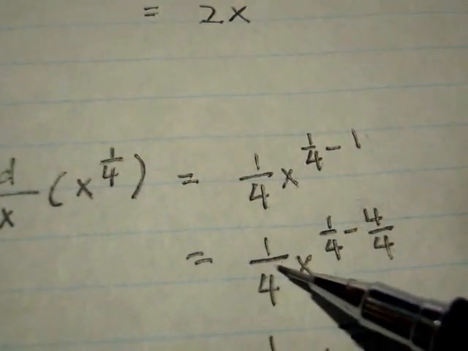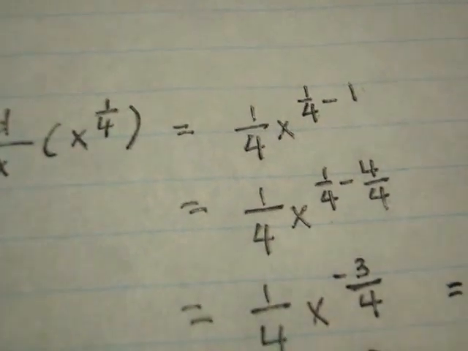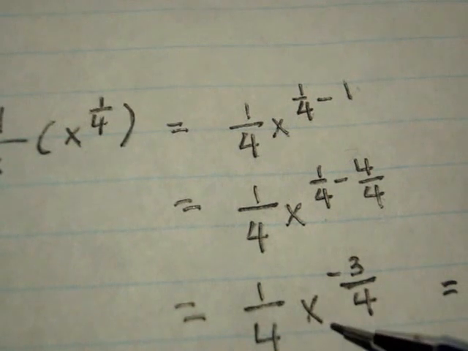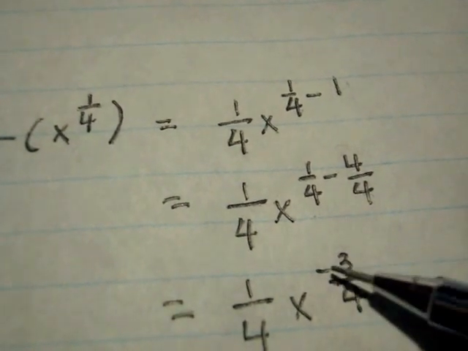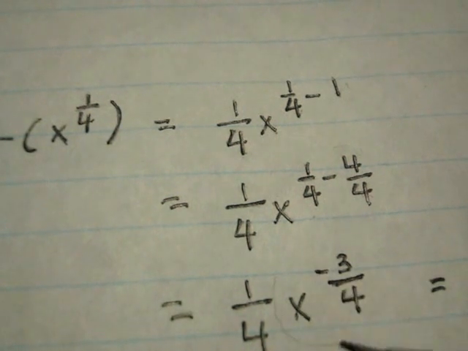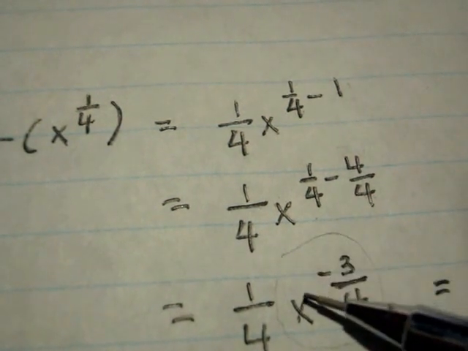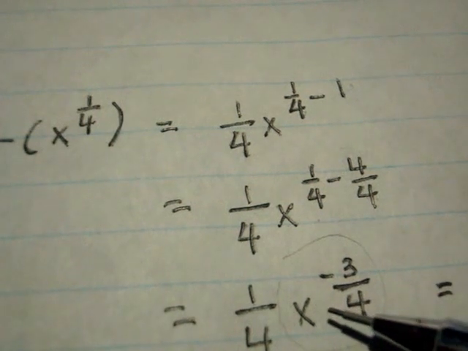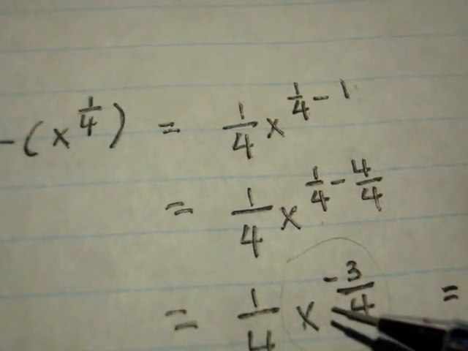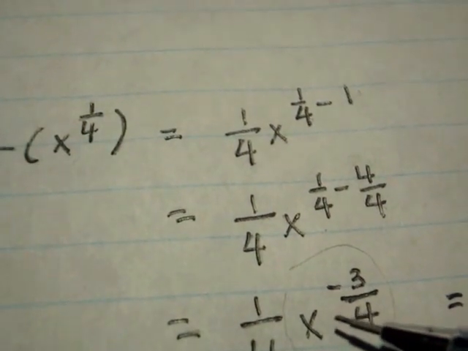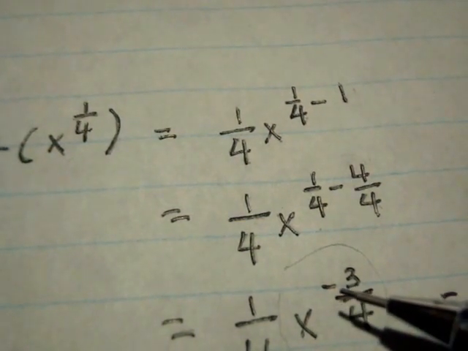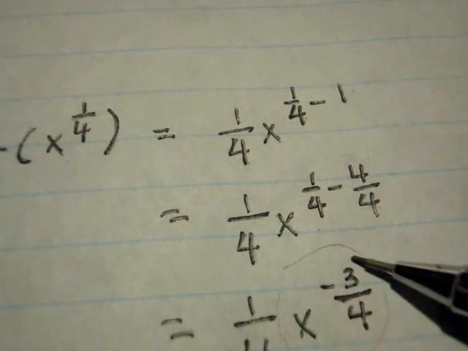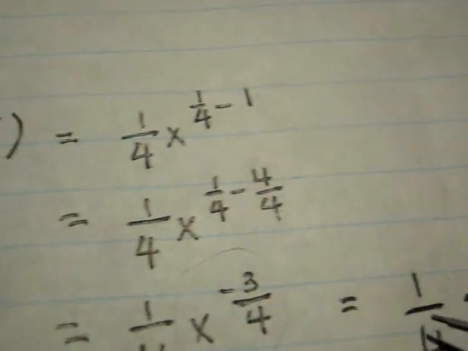So when you do the basic algebra, you will get 1 divided by 4, x raised to negative 3 divided by 4. Now, for this expression right here, it's better to simplify further, because you don't want a negative exponent, you want a positive exponent. So to get a positive exponent, you just divide it by 1, and this exponent right here will become positive.